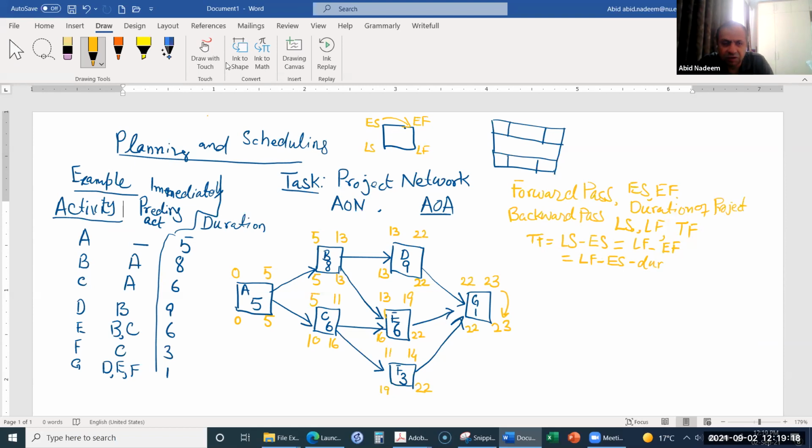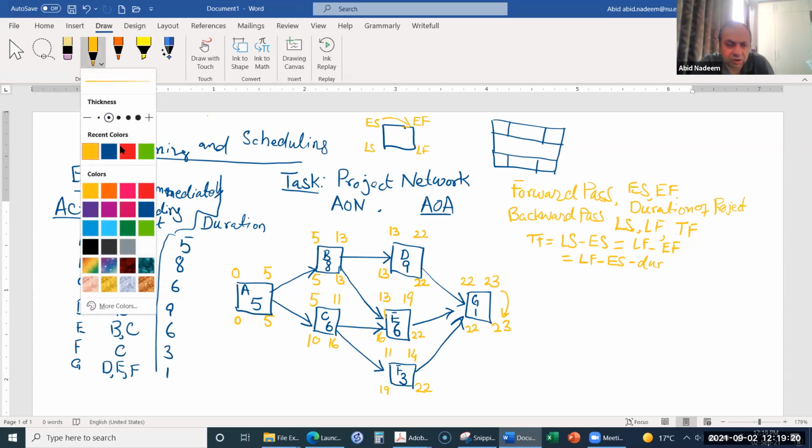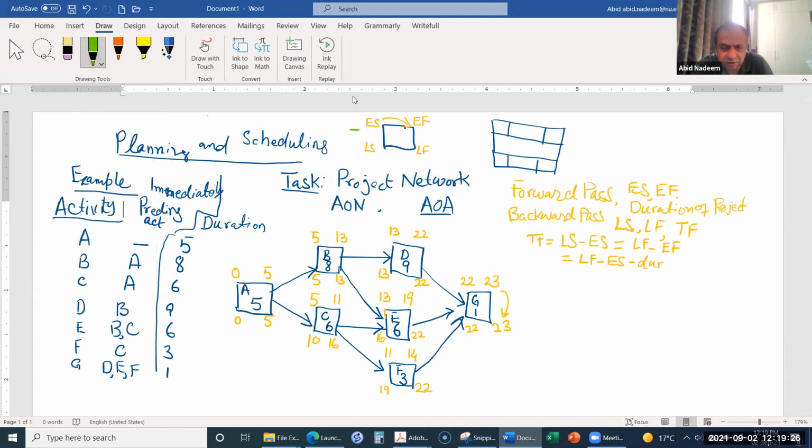So we can now calculate the total float of each activity. So the total float of activity A, maybe I can show it here, in this path. Total float of activity A will be 0. Total float of activity B is 0. Total float of activity C is 5.